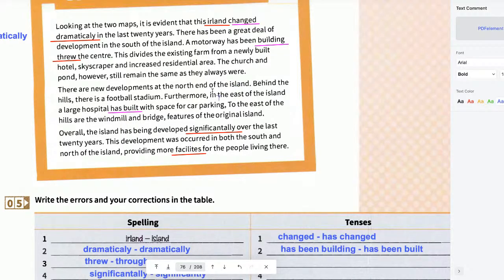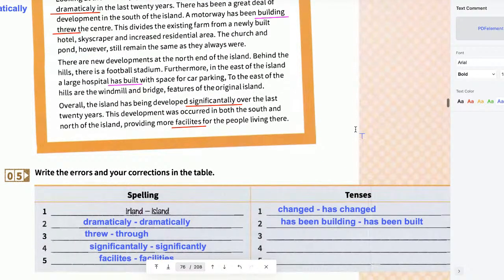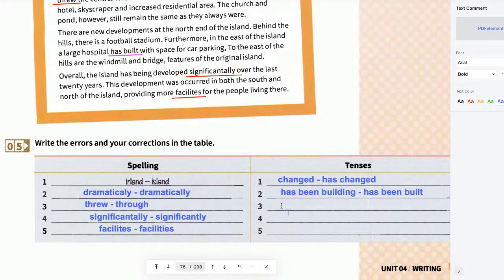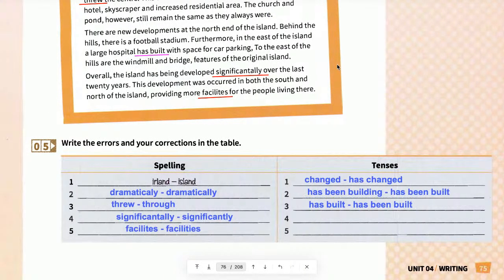Paragraph 2, line number 3: "In the east of the island, a large hospital has built." No, it cannot build itself, right? So what? "Has been built." Okay? So "has built" becomes "has been built."